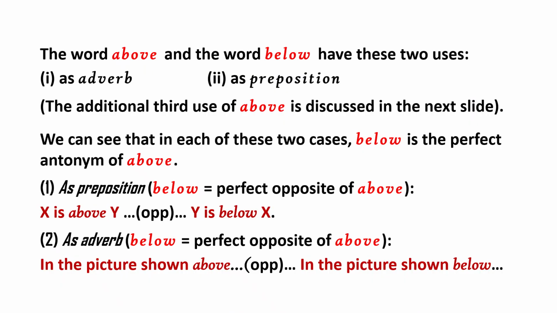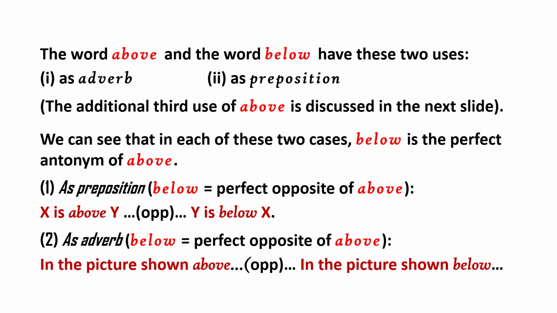As preposition, below is a perfect antonym of above. X is above Y, opposite Y is below X. Perfect antonym as preposition.